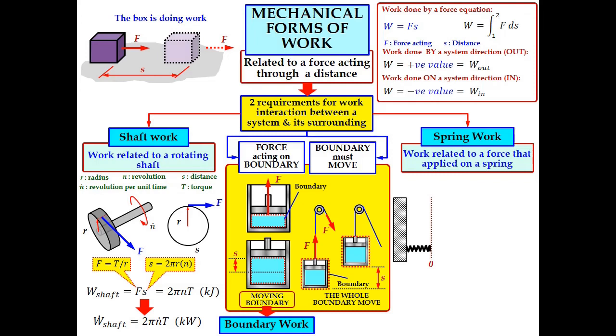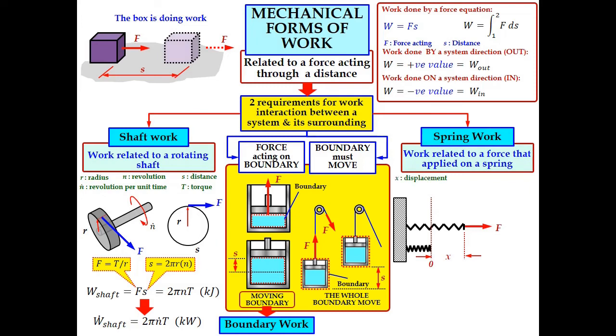As shown in the figures, this is the position when there is no force acting on the spring. We state this as the zero condition, where no force acts on the spring. Let's say we pull the spring with a certain force.